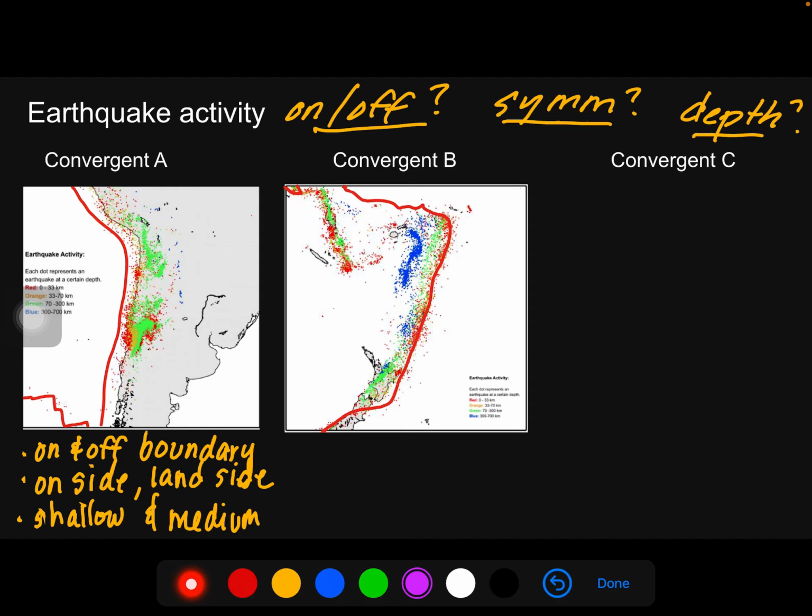Shifting gears here, keeping on the topic of earthquakes, but looking at Map B, same set of questions. Are they on or off the boundary? Again, we see several prominently on the boundary, while there are several off as well. So we're going to say on and off the boundary. Again, do they favor one side, or are they symmetrical on both?